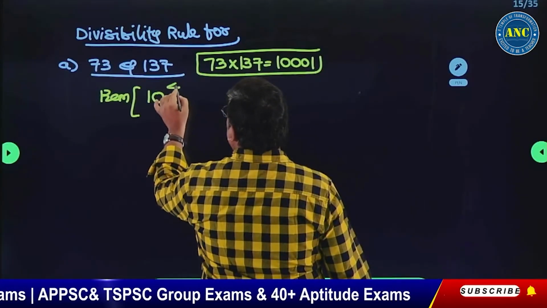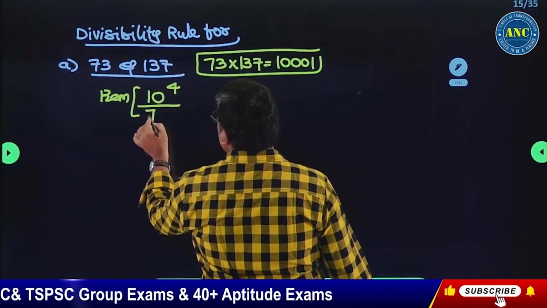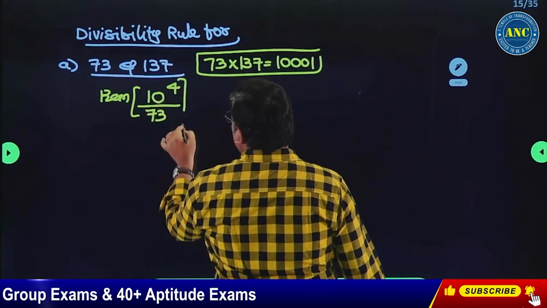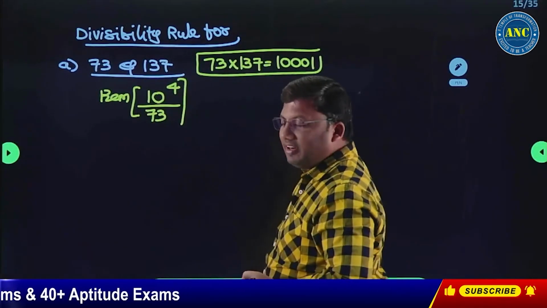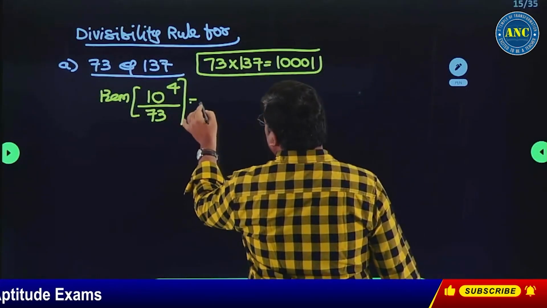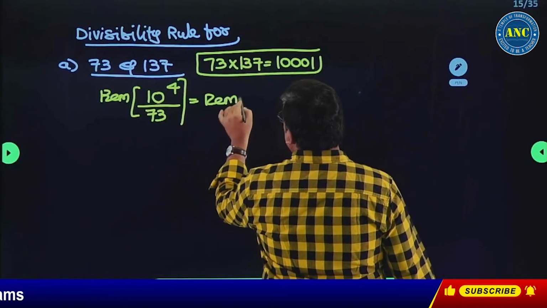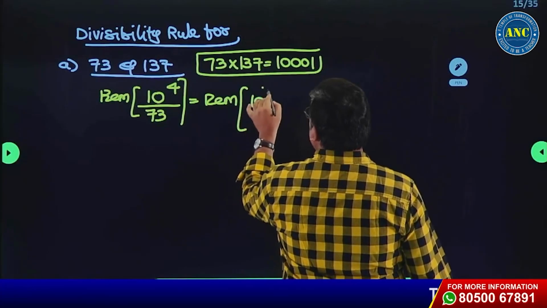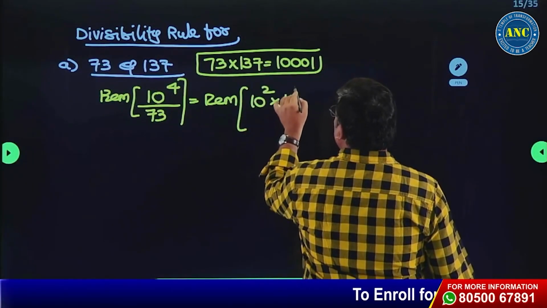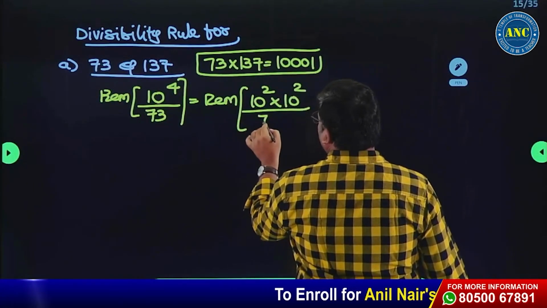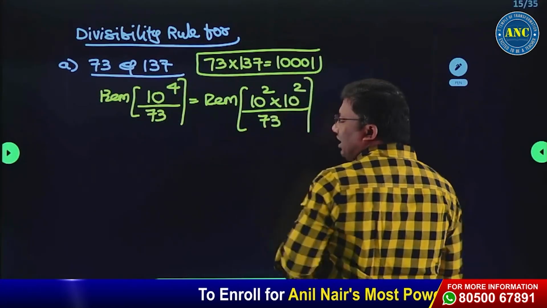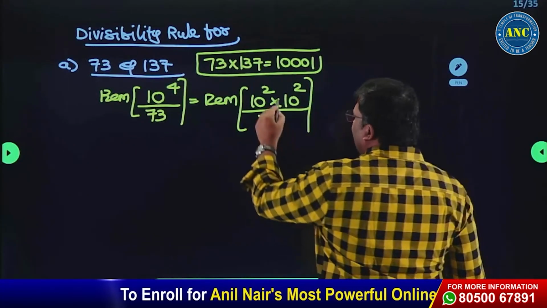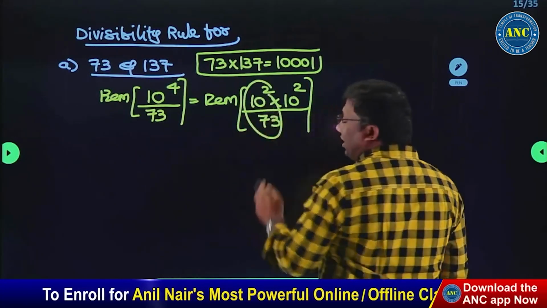10 power 4 divided by 73 can be written as remainder 1. 10 power 4 is 10 square into 10 square divided by 73. 73 ones are 73, from 100 the remaining is 27.